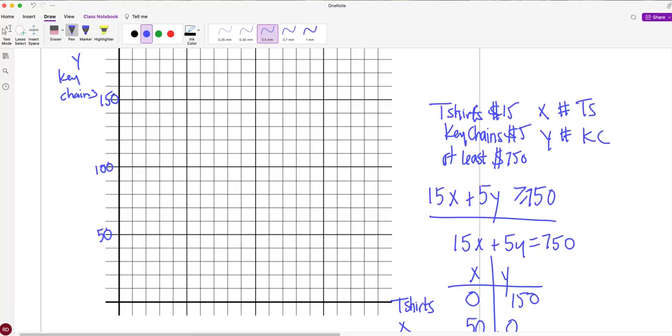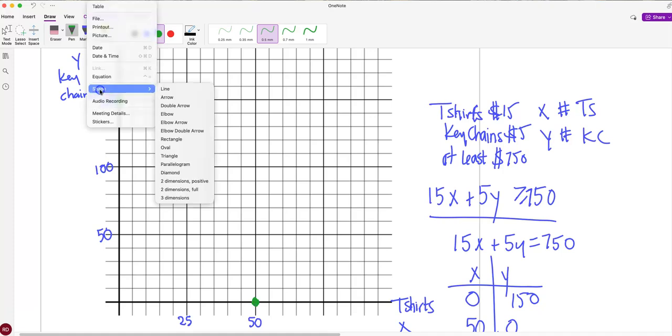So if I do something like, say, 25 and 50. Okay, so the point is 0, 150 right here. And the other point is 50, 0, which is right here. And because it's greater than or equal to, it's going to be a solid line.